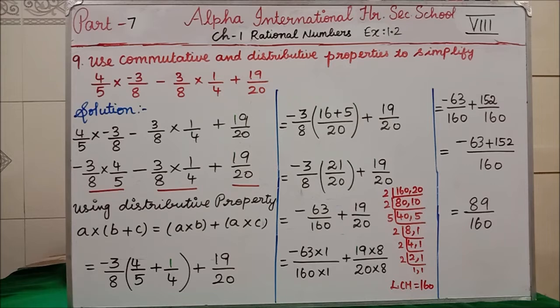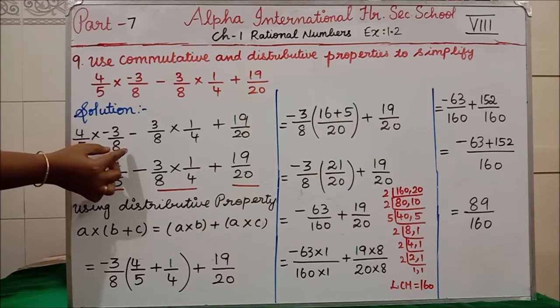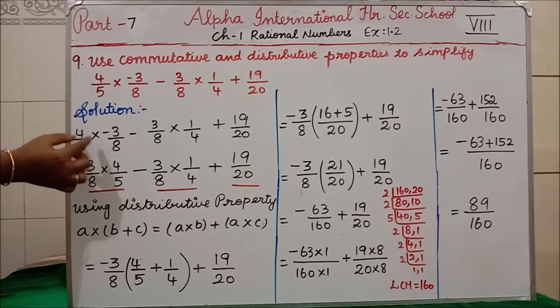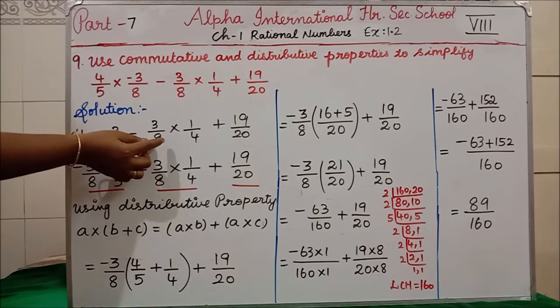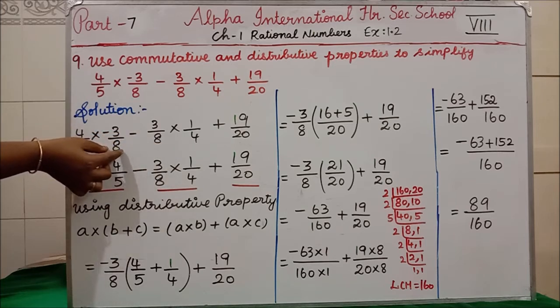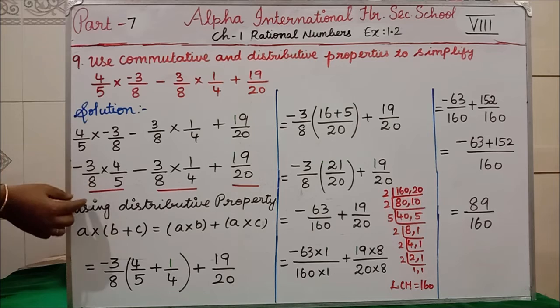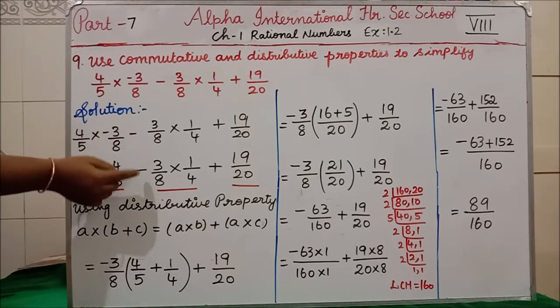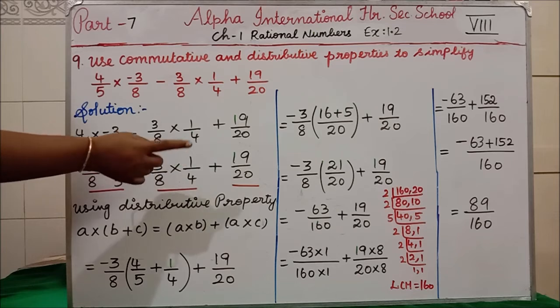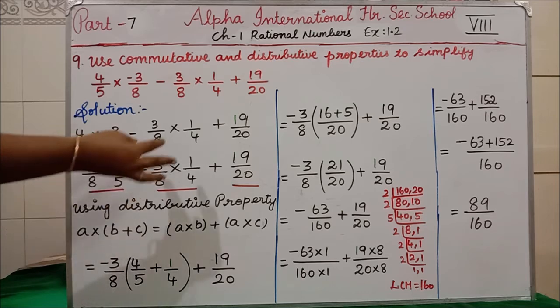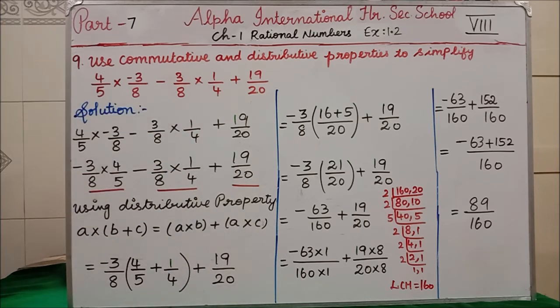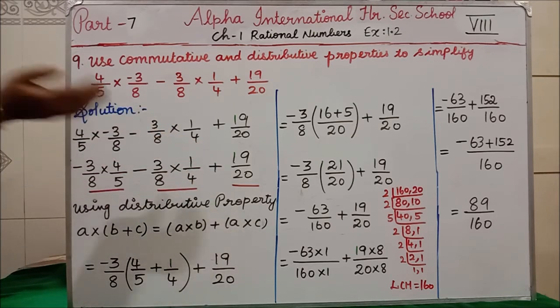So in multiplication, if you reverse the order you will get the same result. So I have written minus 3/8 into 4/5. Why? Because here they have given minus 3/8 first, so I am making this also minus 3/8 in the first. Minus 3/8 into 4/5 minus 3/8 into 1/4 plus 19/20. I have underlined this to make it clear: this is the first term, second term and third term.